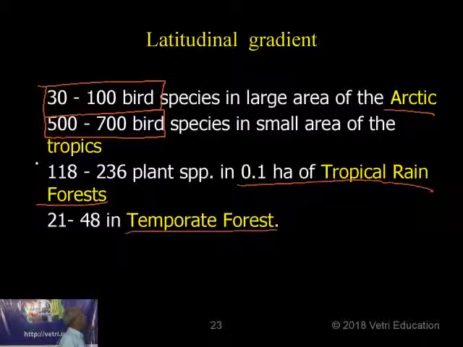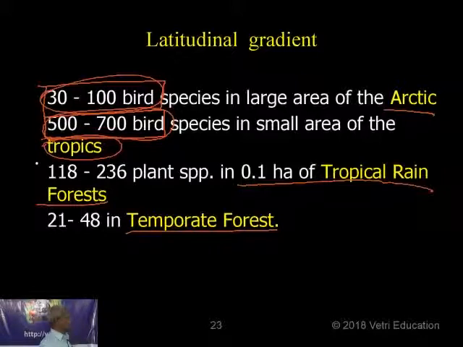In the Arctic region it is very less. In tropical countries 500 to 700 species are there in a very small area, and in the tropical rainforest it is 118 to 236, whereas in temperate forest it is still very less, just like the Arctic regions.